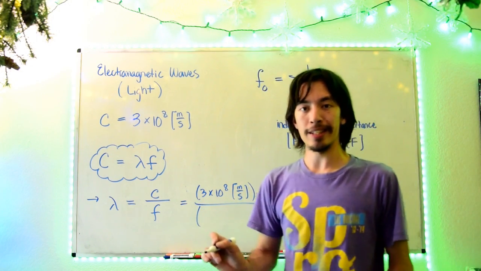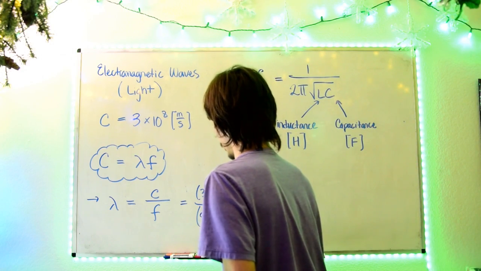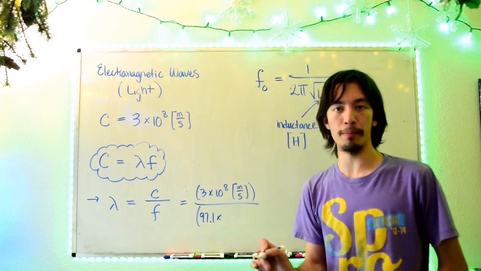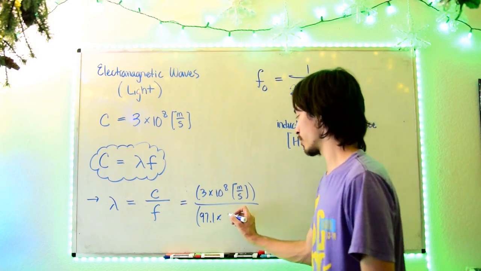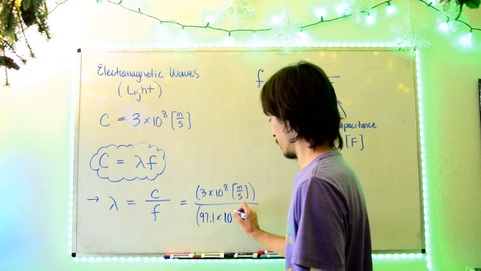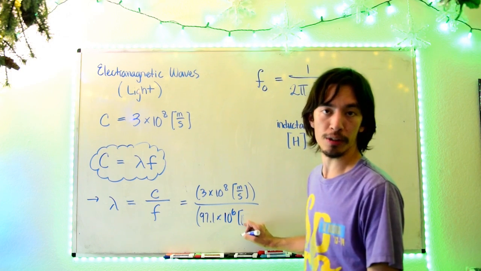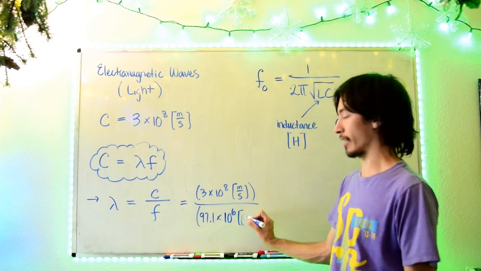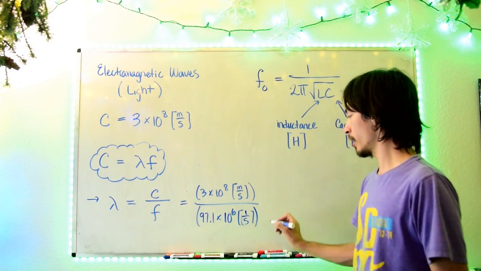The frequency is 97.1 megahertz, so it's 97.1, but we need to convert the mega into a standard unit, so we say times 10 to the 6th hertz. You can also write hertz as 1 divided by seconds, which will show that the units cancel out to meters.